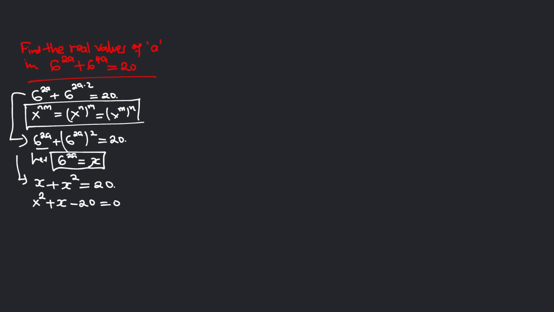We can rewrite it as x squared plus 5x minus 4x minus 20 equal to 0, and of course we can factorize this into x plus 5 minus 4 into x plus 5, and that is equal to 0, which means therefore that x minus 4 multiplied by x plus 5 is equal to 0.